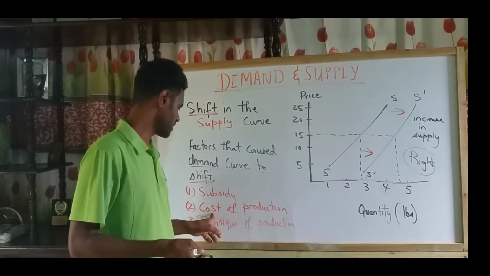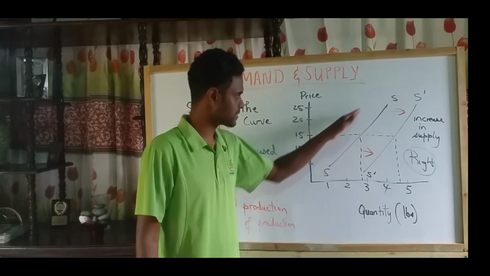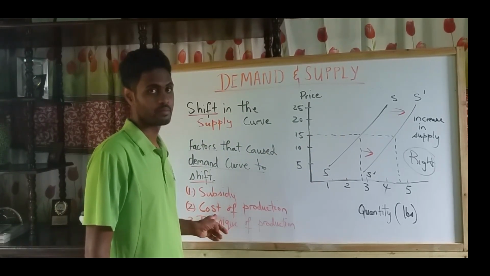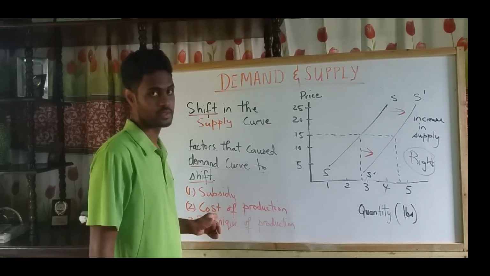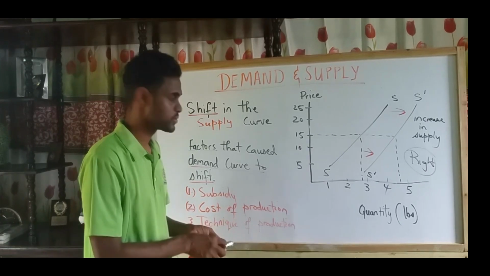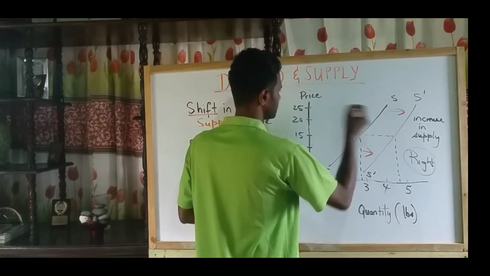If cost of production is very high, then what will happen? You'll have a decrease in supply because if the cost of inputs is high, then producers will buy less input. And when they buy less input, they will produce less. And that will cause the curve to go left, to go this way.